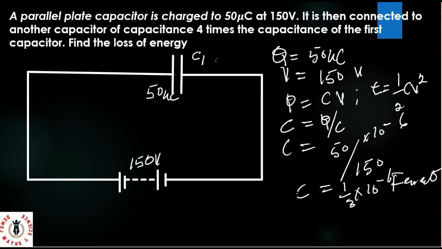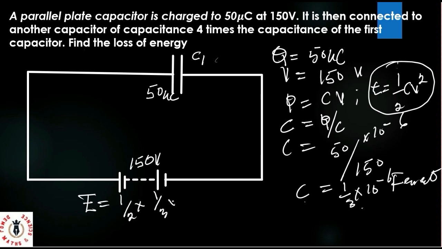Now, let's keep this. If C equals 1 over 3 times 10 raised to power minus 6, then we can solve for the energy in the combination. So the energy in this circuit, E, will be half times C, which is 1 over 3 times 10 raised to power minus 6, times 150 times 150. Remember, it is V squared. Here I have V squared.